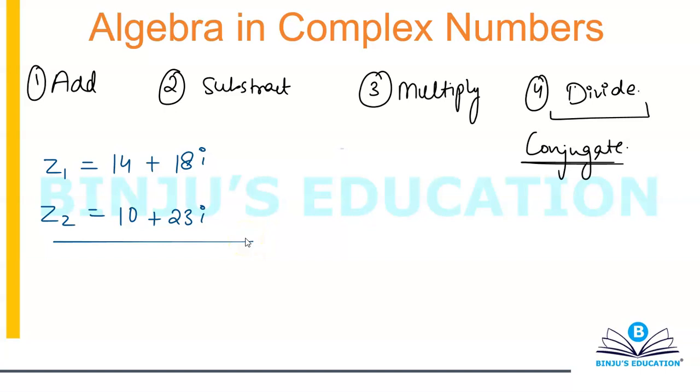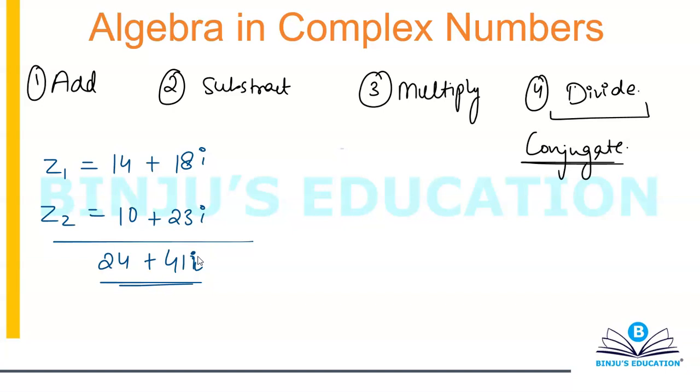So what is 18 plus 23? I think that will come out to be 41. So this will become 41 iota. And what is 14 and 10? That is 24. So that is 24 plus 41 iota. You're going to add the real part separately and you're going to add the complex part separately. Okay, you're going to add both of them separately.